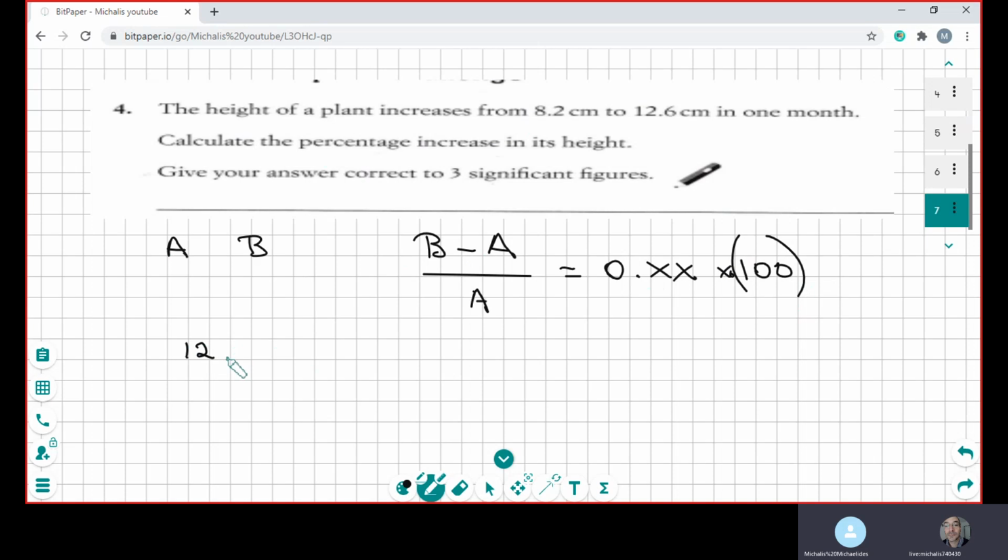I subtract the numbers to find the difference, and the difference is the change from the first to the second. So it's 12.6 minus 8.2. The difference here is 4.4.